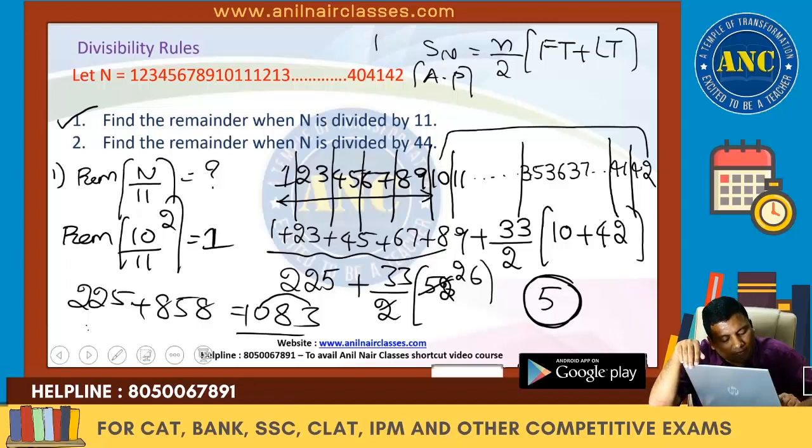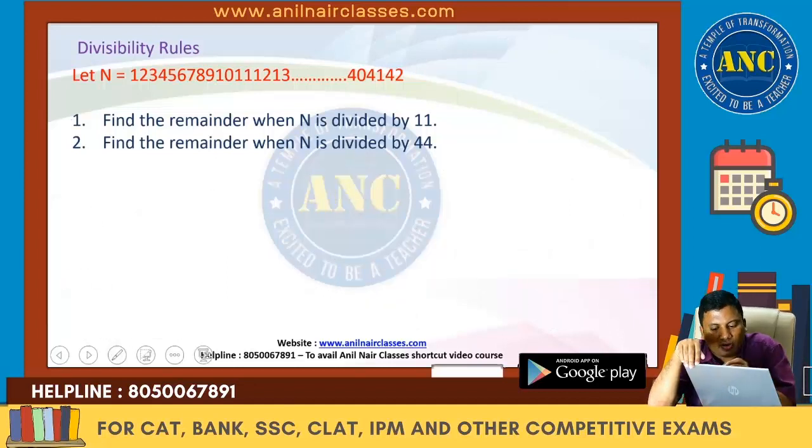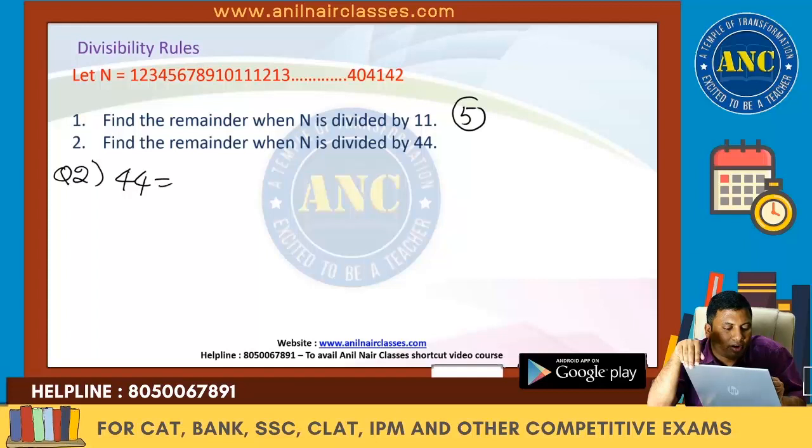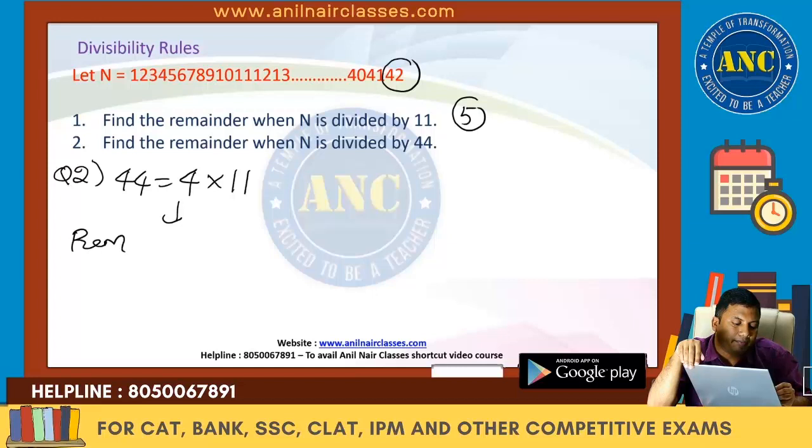Now second question. First one answer is 5. Second one, find the remainder when it is divided by 44. 44 is 4 into 11. 4 means last 2 digits should be divisible by 4. 42, 4 tens are 40, remainder 2.